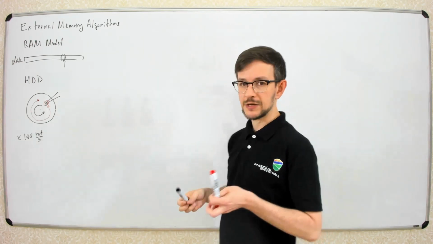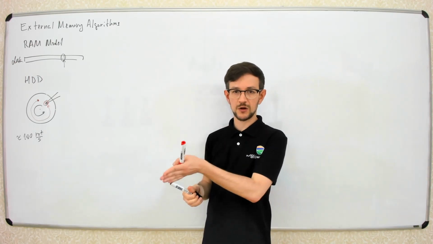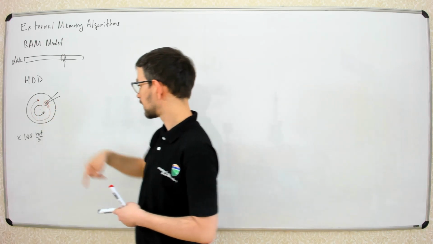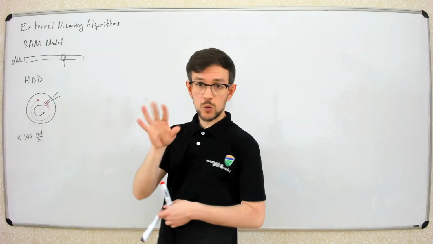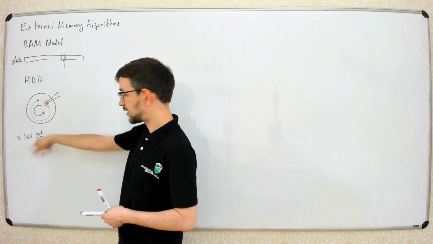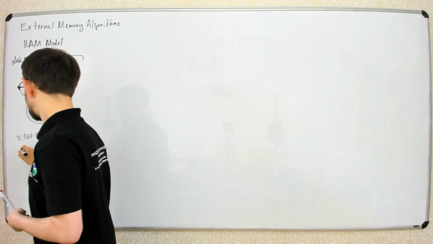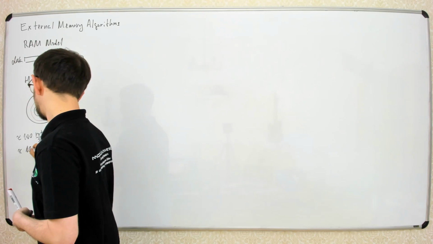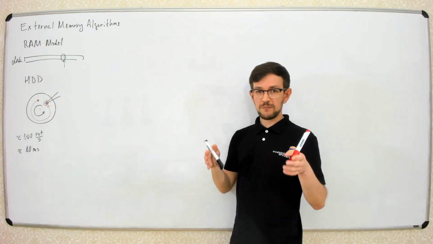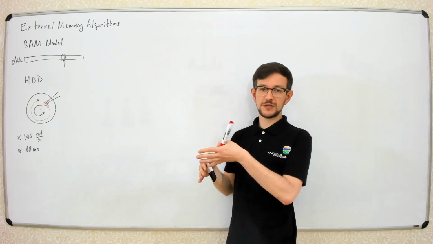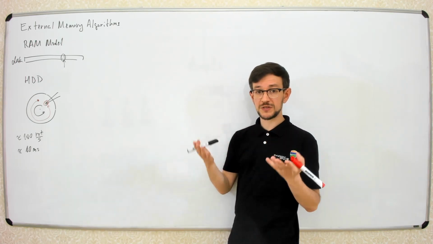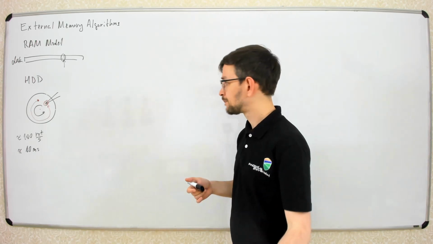What is the time delay between when you want the data and when you can read it? The delay is the time it takes this point to move to the head, so it's about one rotation of the disk. One rotation of the disk is about 10 milliseconds. It's just the delay between you asking the disk to read some data and you actually being able to read it, just because of the physical structure of the disk.